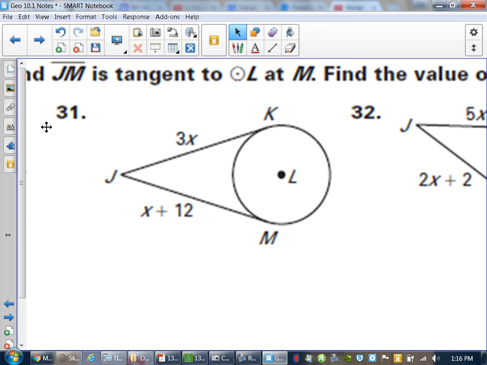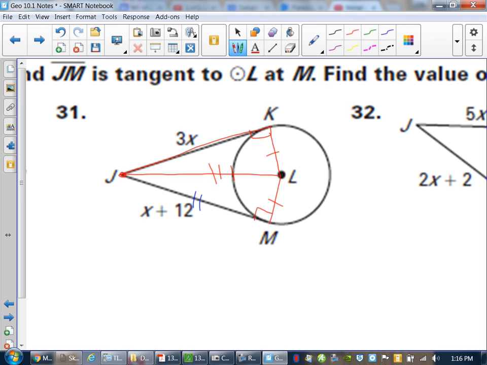Which means that they tell you that these two run into the circle. You can draw this in, and you get your reflexive. You have hypotenuse leg for both of them, which means that these two have to be the same.